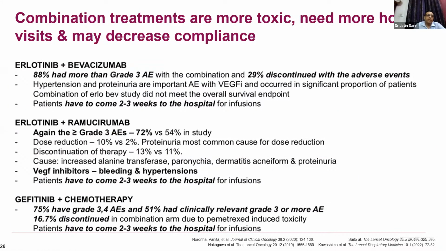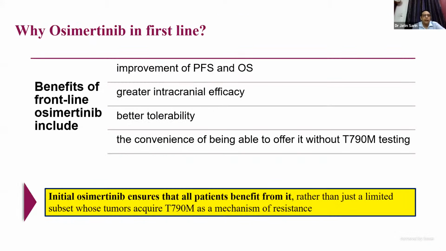So you can all see the most important thing was the more grade 3 side effects. So why osimertinib first line? Improved PFS, OS, greater intracranial efficacy, better tolerability, and the convenience of being able to offer it even without T790M patients.